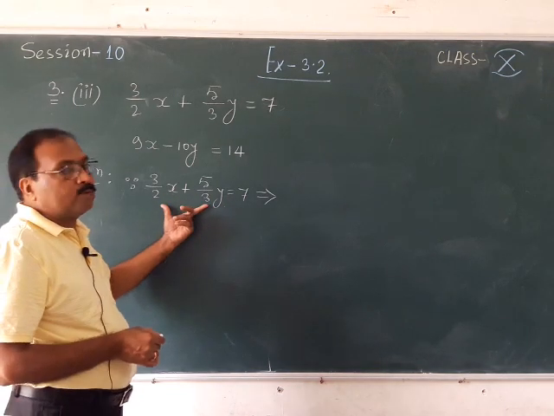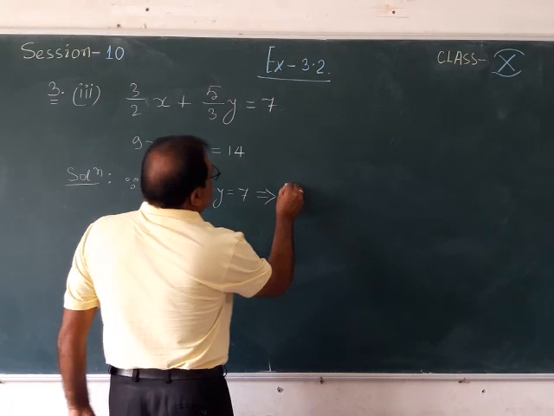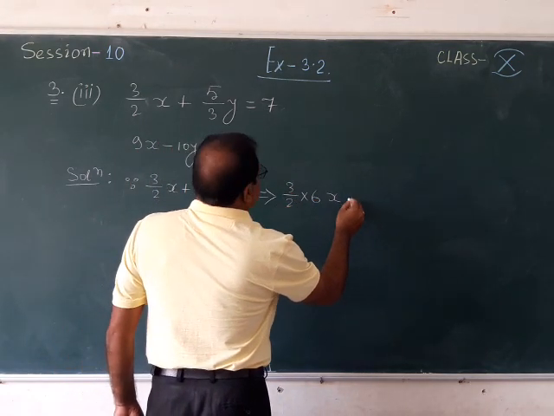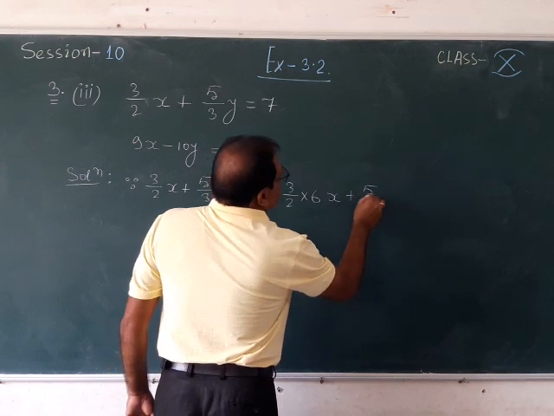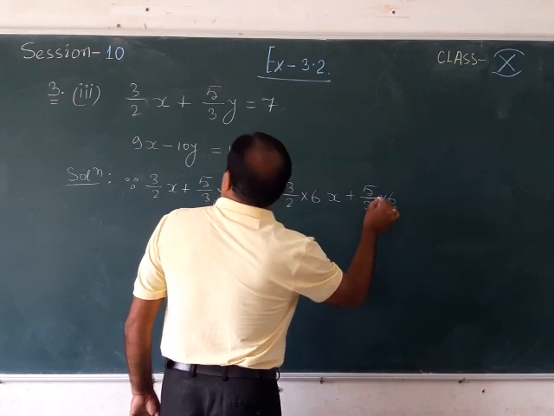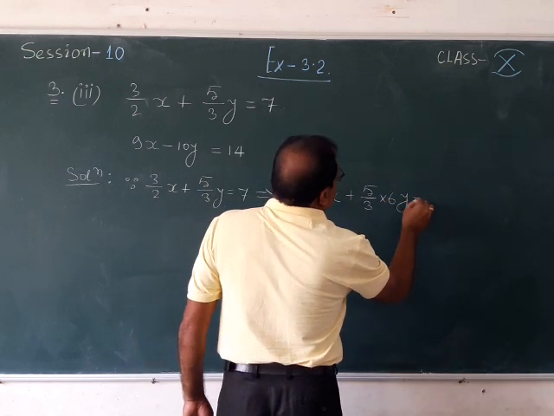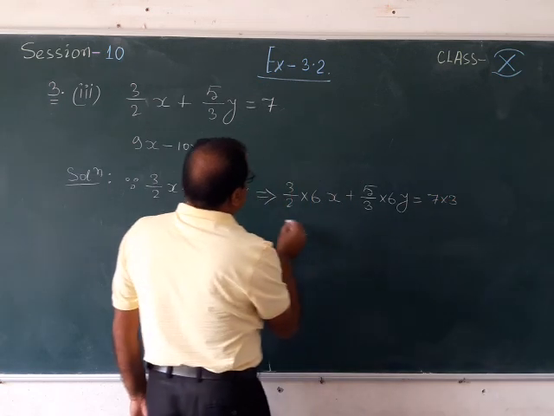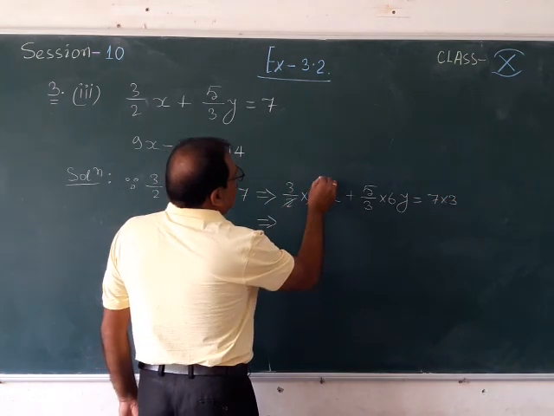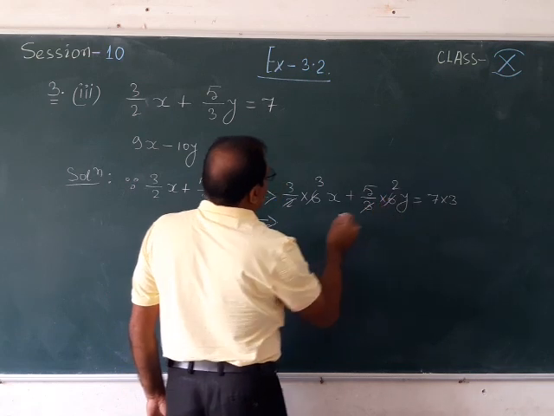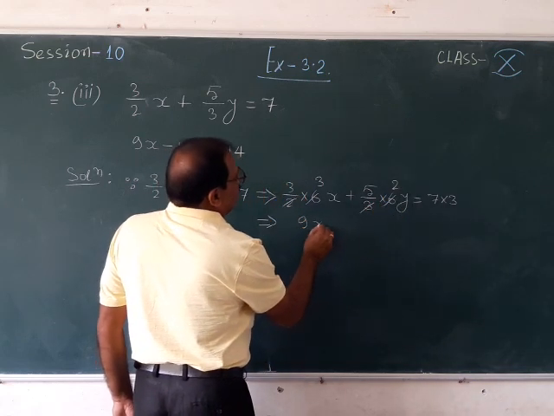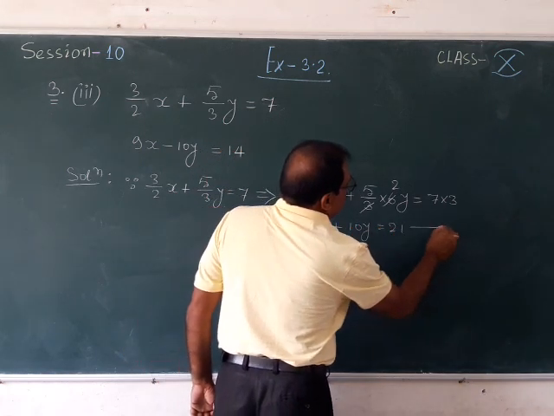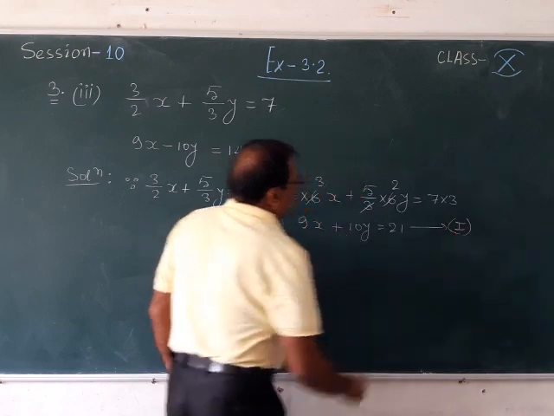So, think of the LCM of 2 and 3, I am multiplying this equation, 3 by 2 into 6, then I am writing x, plus again 5 by 3 multiplied by 6, and then I am writing y, and 7 into 6. So ultimately this equation becomes, 2 threes are 6, 3 twos are 6, it is 3 threes are 9x plus 5 twos are 10y and it is 42. So this is your equation 1, the first equation.